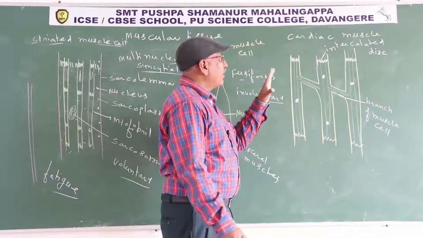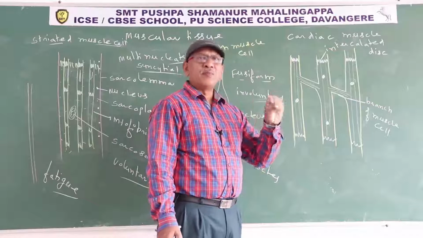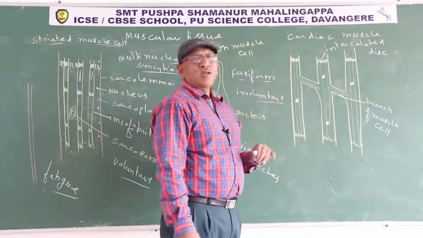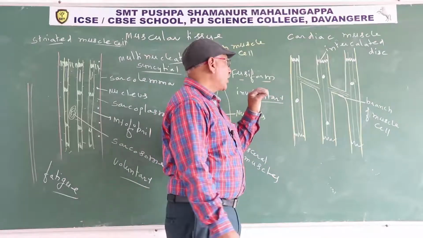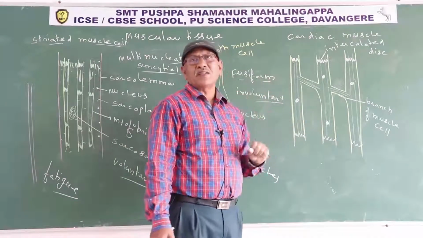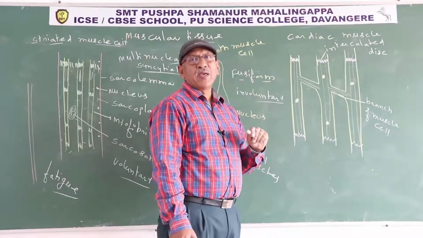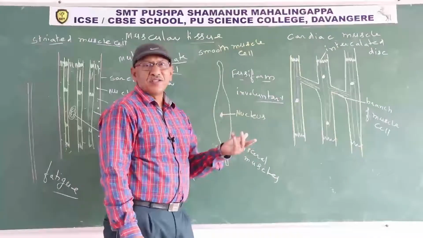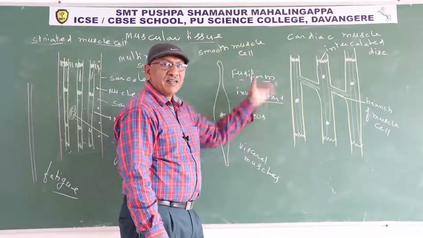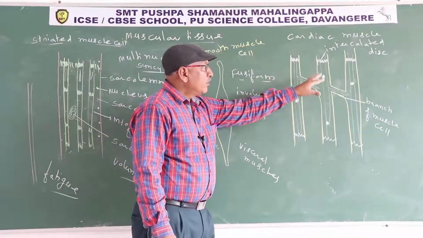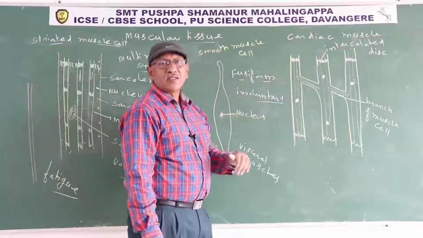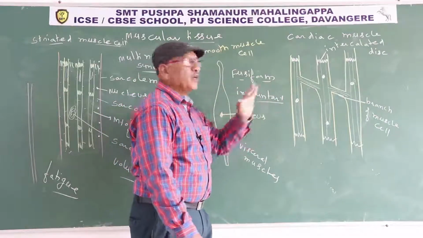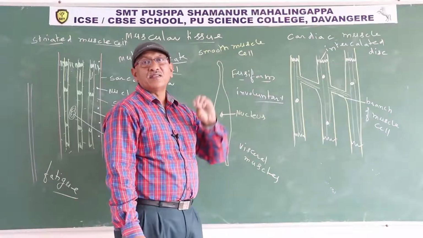Next point is the cardiac muscle undergoes rhythmic contractions. The part of the cardiac muscle where the wave of contraction is generated is known as pacemaker. So generation of action potential is intrinsic, means neither the nervous system nor the endocrine system initiates the heartbeat, but the nervous system and endocrine system may increase or decrease the heartbeat.